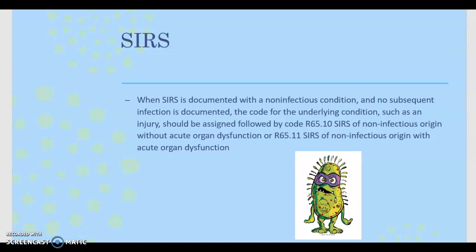And then we would also code R65.10 for SIRS of non-infectious origin without acute organ dysfunction. Or if the patient did have acute organ dysfunction, it would be R65.11. Okay, that was all for the coding guidelines. And again, these are all contained in the Chapter 18 guidelines for Section C, the chapter specific guidelines.